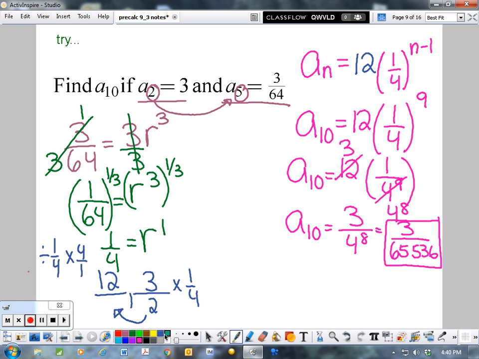But if you did not want to, and you want to take the lazy man's way out, we can do 0.25 to the 9th power, and then times by 12. And we're going to get a10 is approximately, because again this is a decimal, 4.5776.